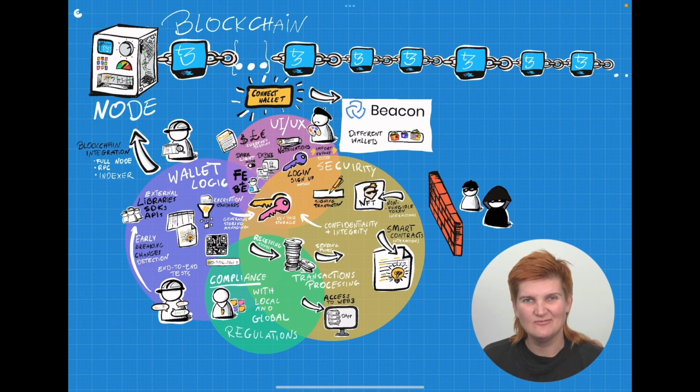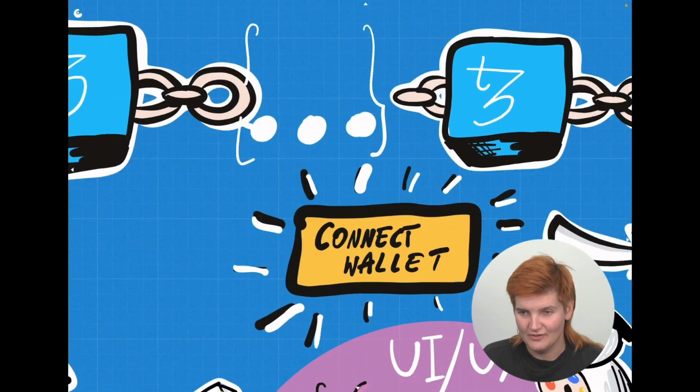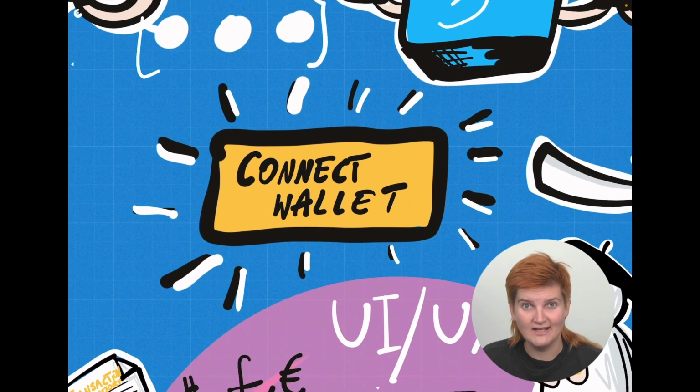So let's start with the high-level perspective. First of all, if you are a web developer and you are creating a decentralized app and you want to implement that shiny button with connect to wallet functionality, what can you do when you develop on Tezos ecosystem?